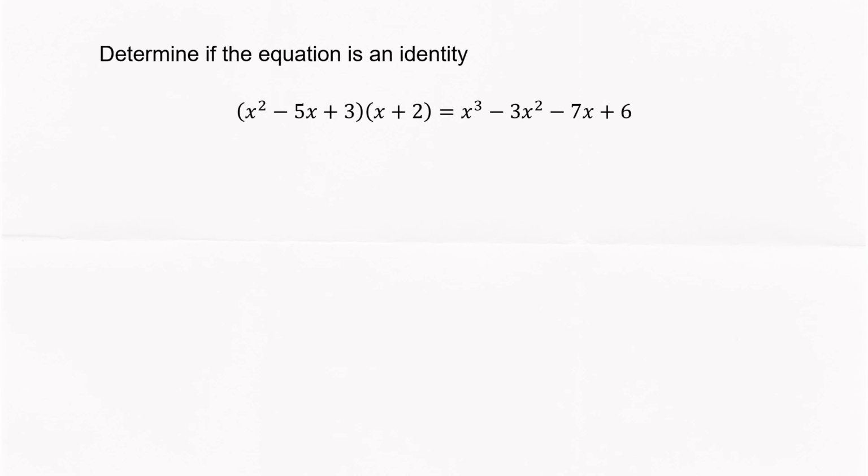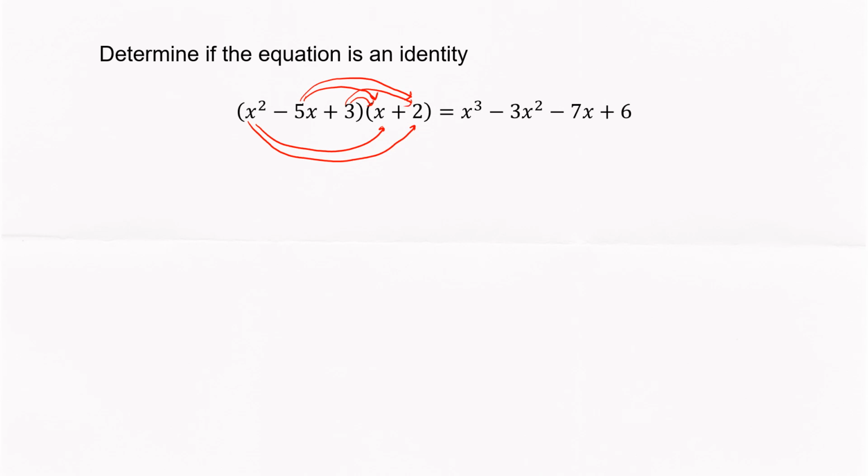However, you can still apply the distributive property to these two sets of parentheses. So x squared can be multiplied by x and by 2. The next one, negative 5x, can be multiplied by x and by 2 again. And finally, the 3 can be multiplied by x and the 2.